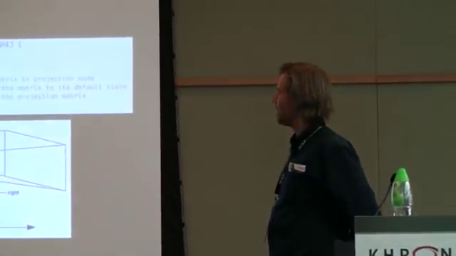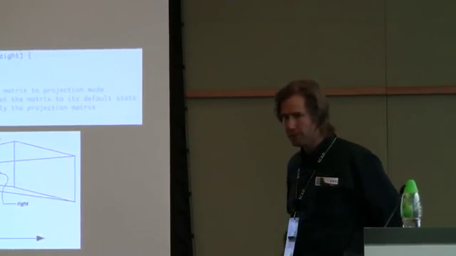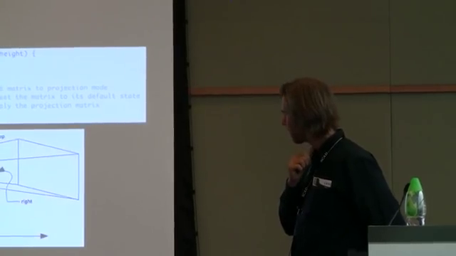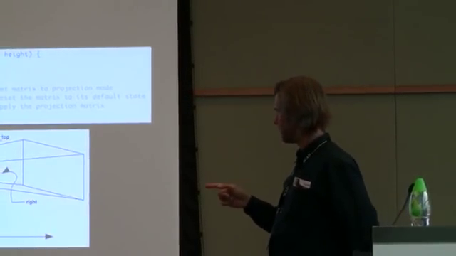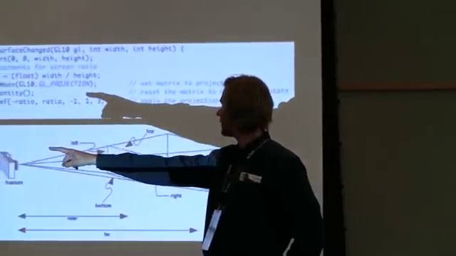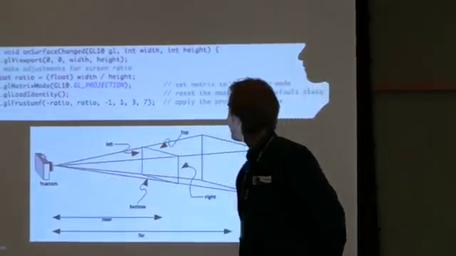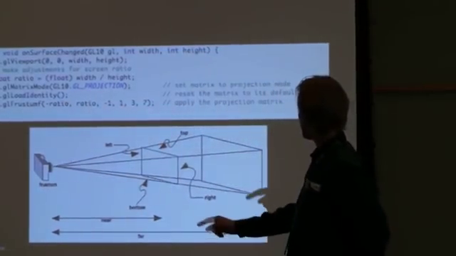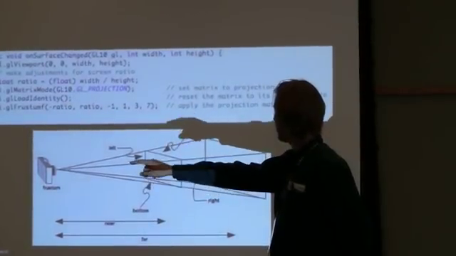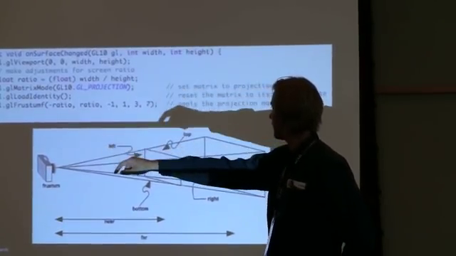The old OpenGL had a couple of special matrix types. There's the projection matrix and a model view matrix. And here we use the projection matrix. So we set the matrix mode to projection, and then we initialize it to identity. And then we call this utility called glFrustumf. We also calculate the aspect ratio of the screen.